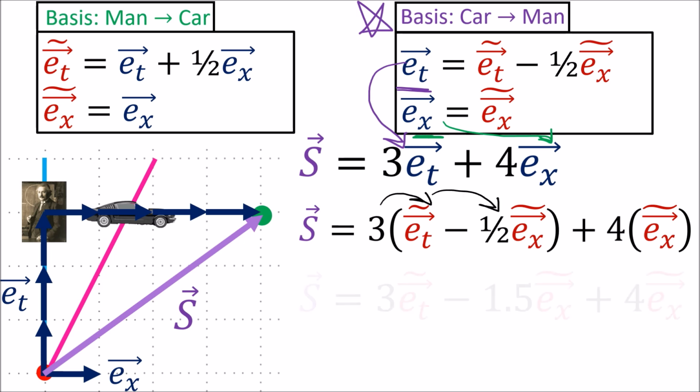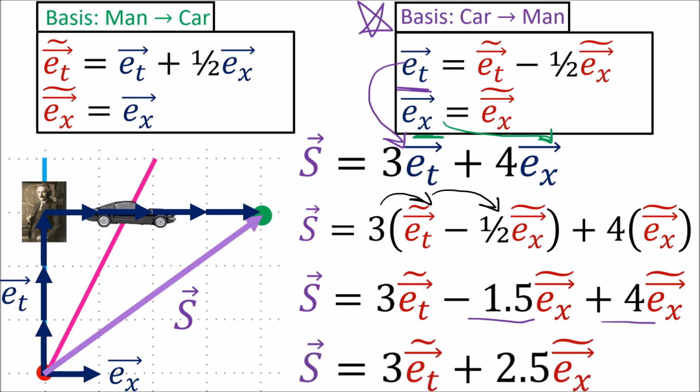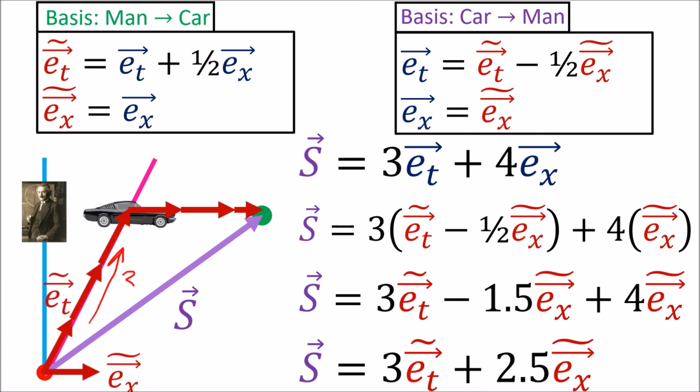We can distribute the 3 here to get 3 ET and -1.5 EX. And if we add -1.5 and 4, we get 2.5. So we can see that the components of the vector in the frame of the car are 3 time units and 2.5 space units, which matches up with our spacetime diagram.